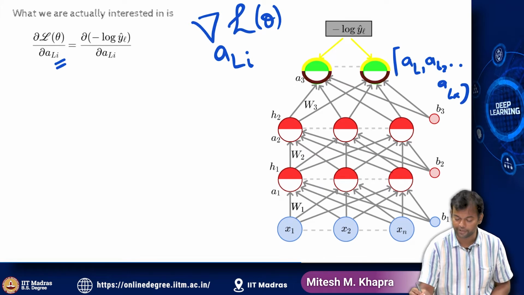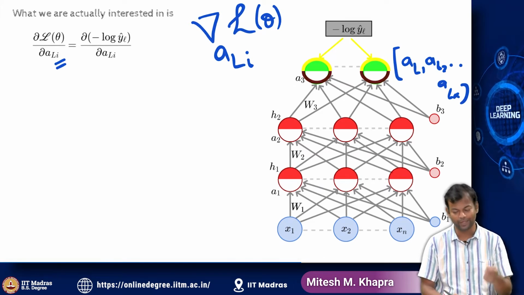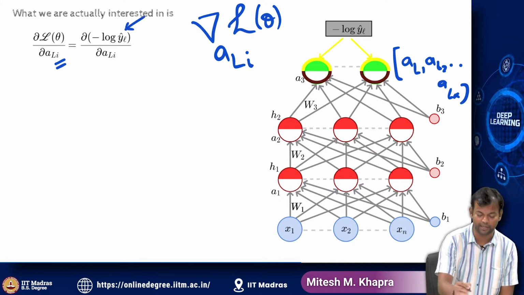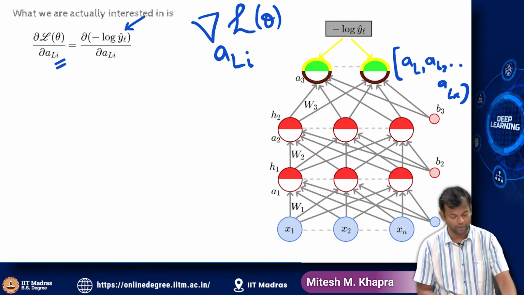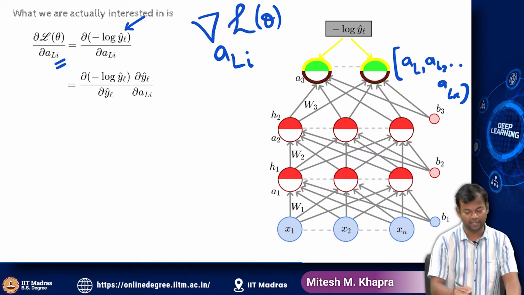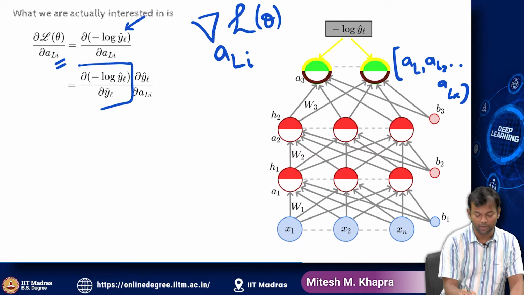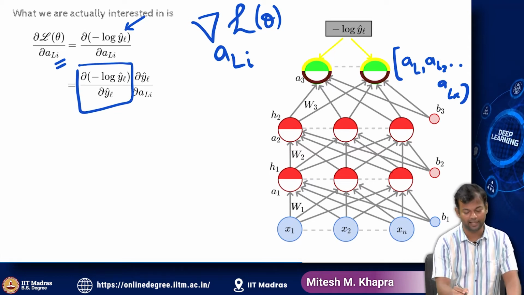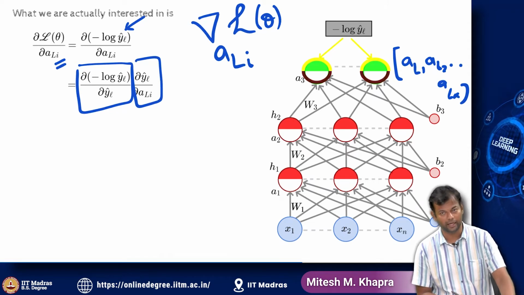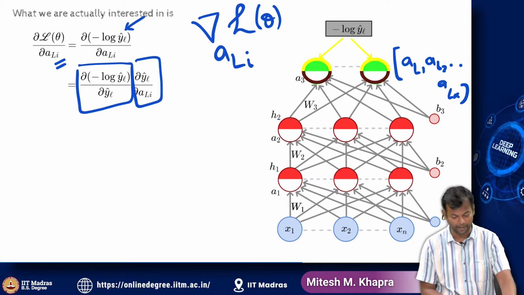So with respect to any generic element of that vector, I am trying to find the derivative of the loss function. What is the loss function? Minus log y hat l. So now what is this going to be? I can split it into two parts: the derivative of the loss function with respect to y hat l, and then the derivative of y hat l with respect to aLi, okay.